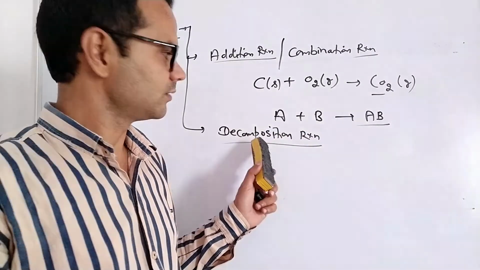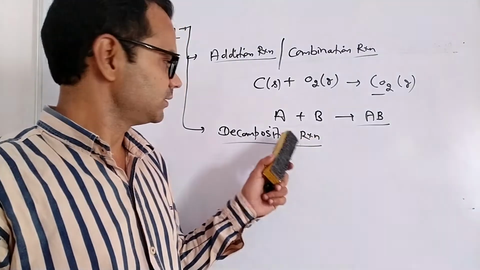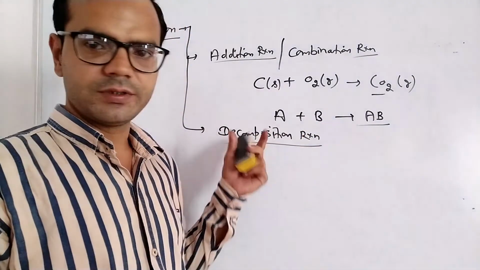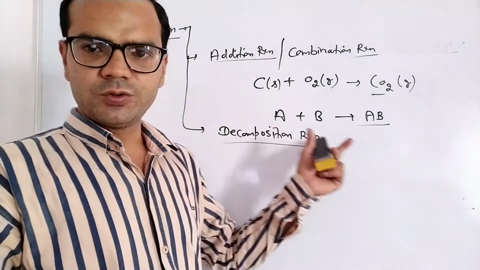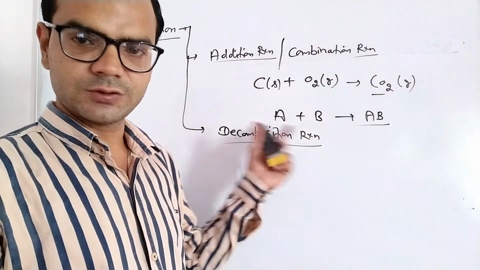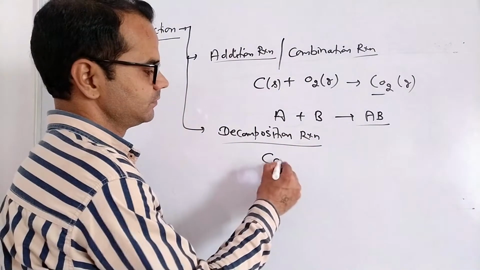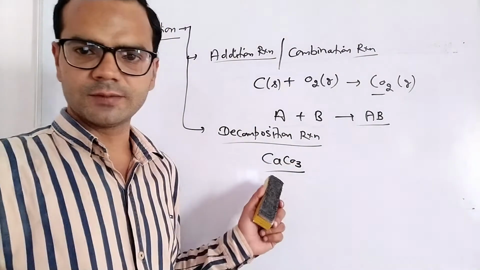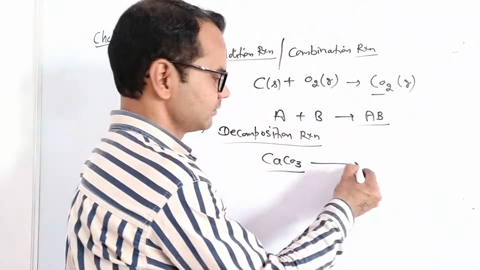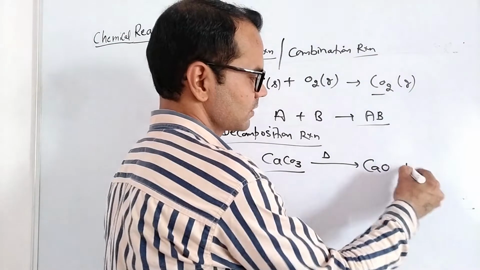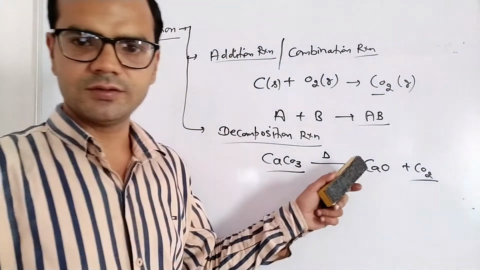Right? Second is just the opposite of it, decomposition reaction. A reaction is said to be a decomposition reaction when a reactant splits into two or more new products. Dissociation of a reactant takes place. For example, we have calcium carbonate. If we heat it, then it will give calcium oxide plus CO2.